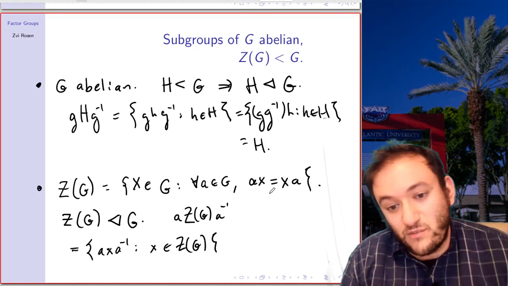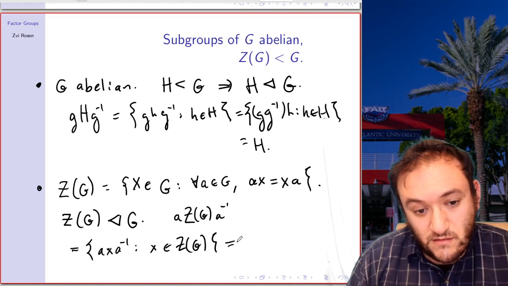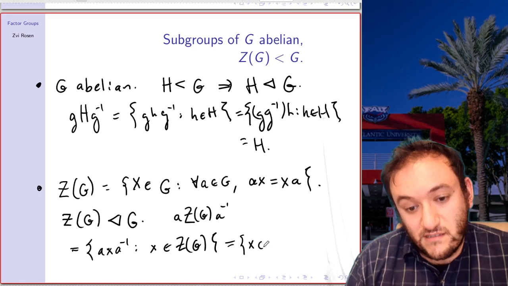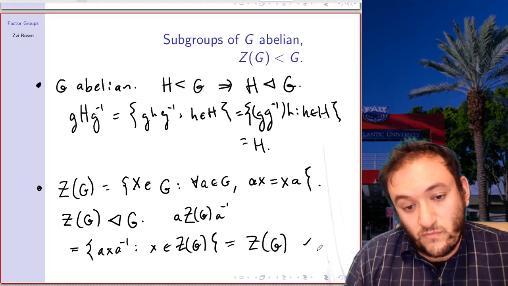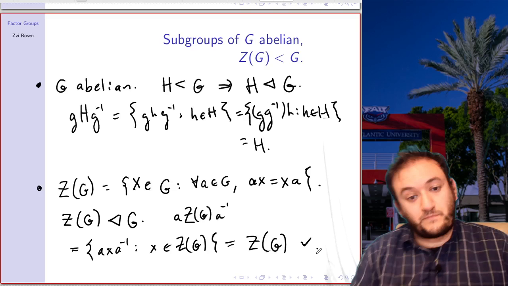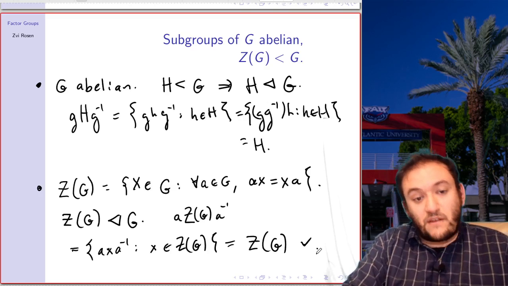Because if a x equals x a, then a x a inverse equals x. This is just the set of x in Z of G, so it's just Z of G. So these are two additional types of subgroups that are normal.